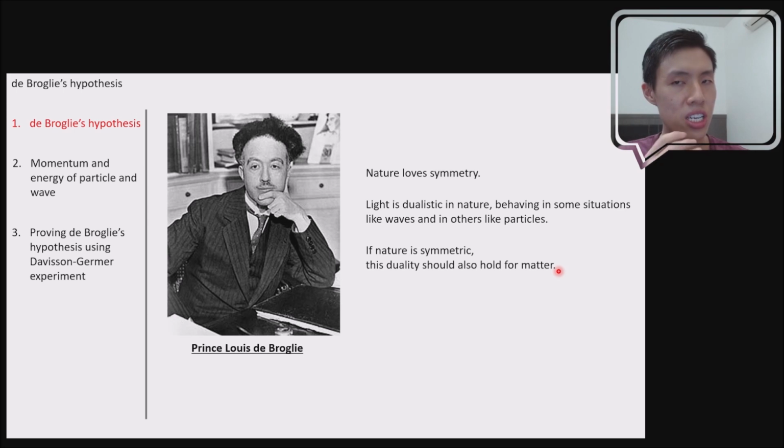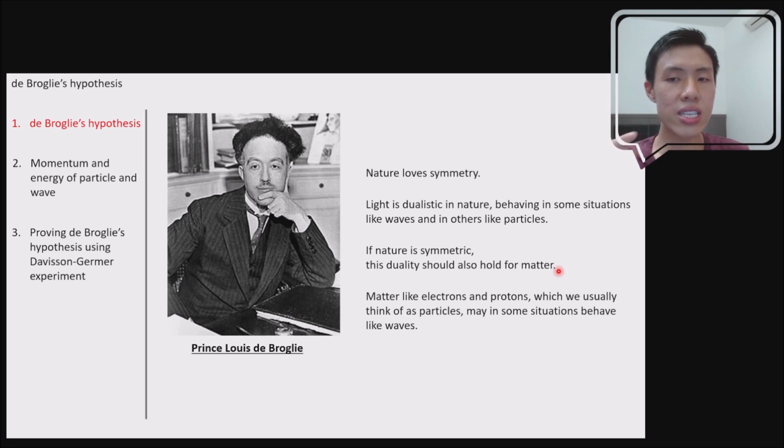He is proposing that if light, which we usually think of as a wave, also has particle properties, then matter, which usually behaves as particles, should also have the opposite, wave properties. This is the symmetrical idea that he is trying to carry forward.